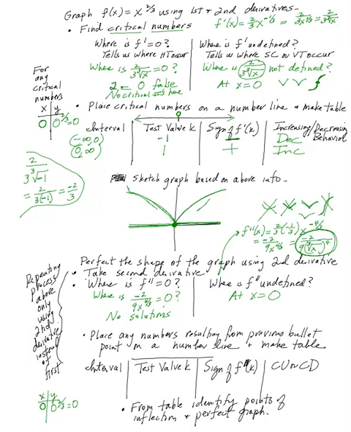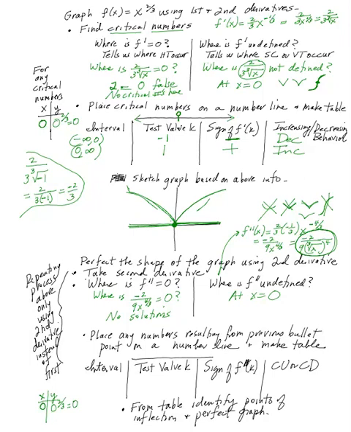It just happens to be that I get the same important point from the second derivative analysis, 0, 0, that I got from the first derivative analysis. That's a coincidence, okay? It's unique to this problem. You might get different important points from the first and second derivative.